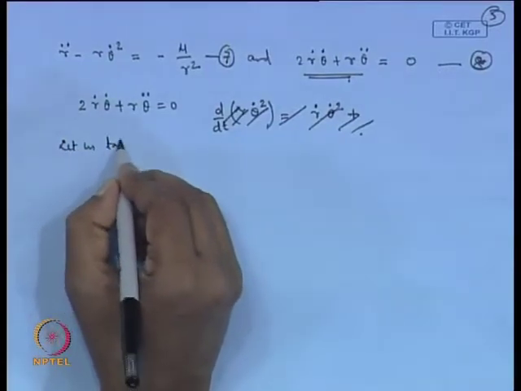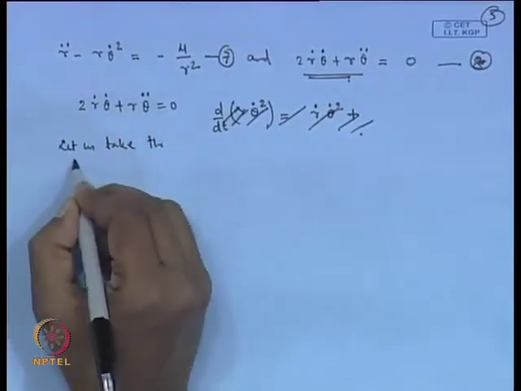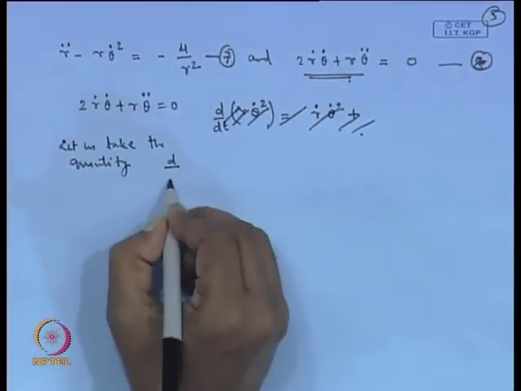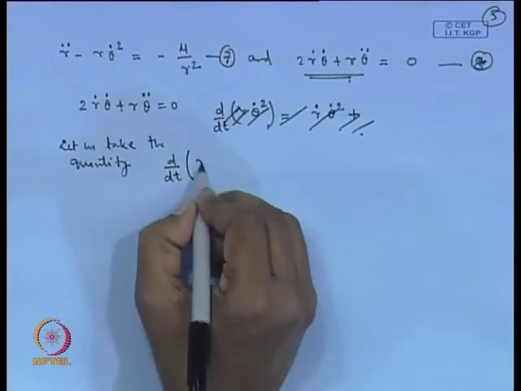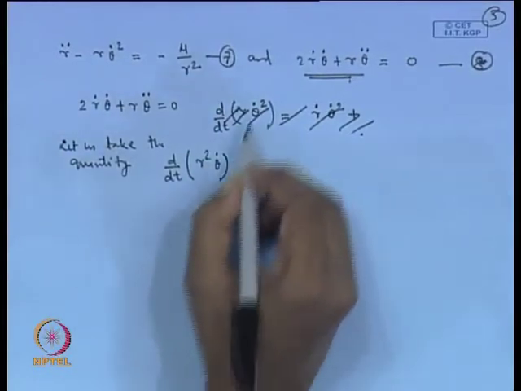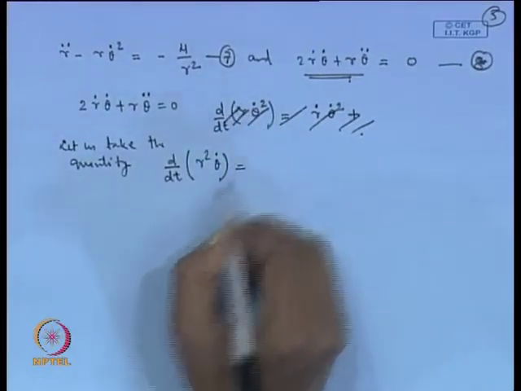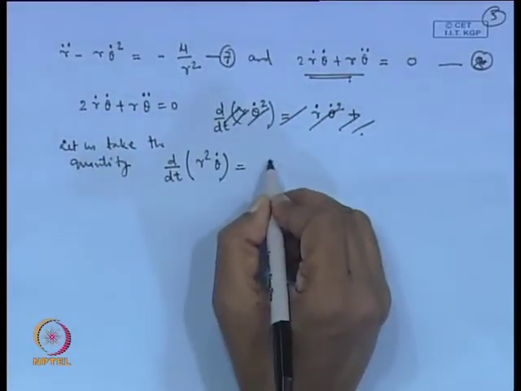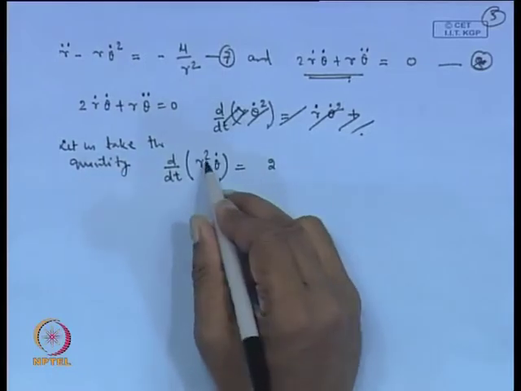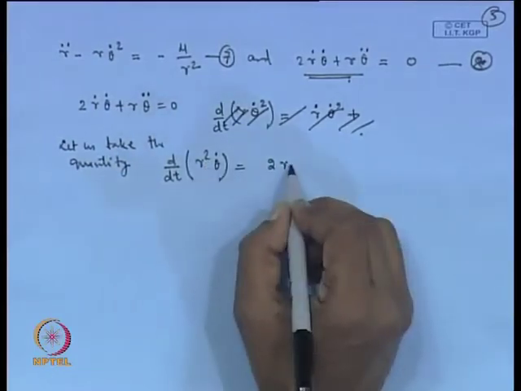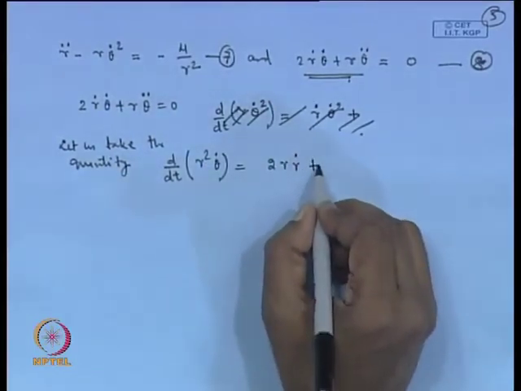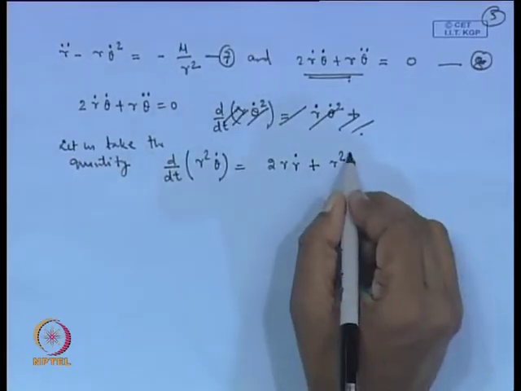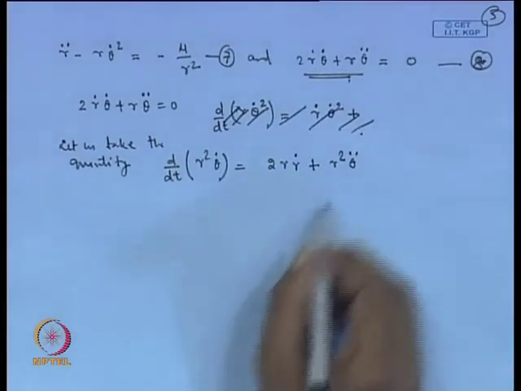Let us take the quantity d by dt of r square theta dot, not r times theta dot square. So, if we differentiate this quantity, it will become 2 times r times r dot theta dot plus r square times theta double dot.